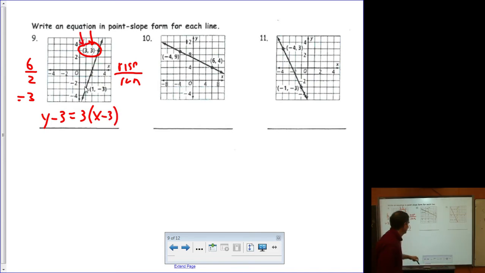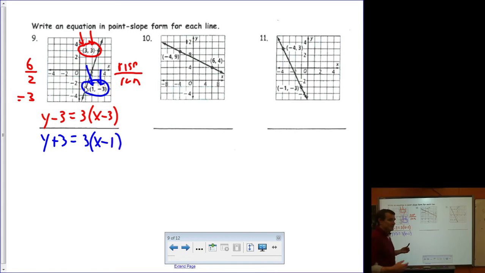Of course, if I use this point, my equation would be y minus the y value equals the slope times x minus the x value. Either equation is fine. They are the same equation, which if you put them into slope-intercept form, they would turn out to be the same.